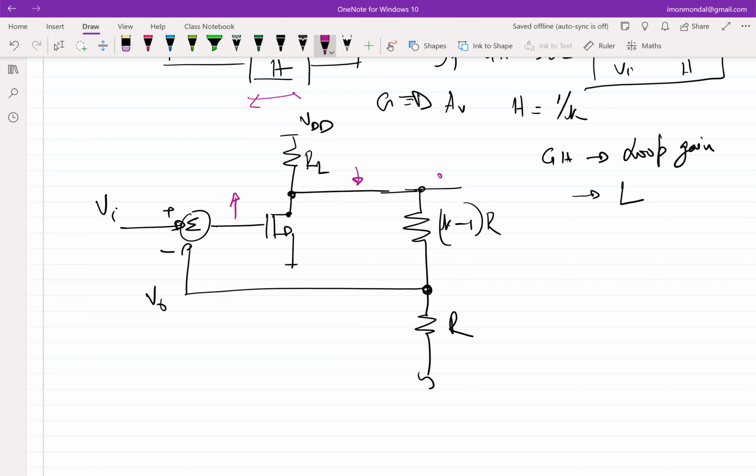In which direction will it go? Forget about this entire thing. Just consider it here. If this voltage increases, what happens to the drain? If the gate voltage increases, gain will remain the same, but if the gate increases in our common source amplifier, will the drain go up or down?